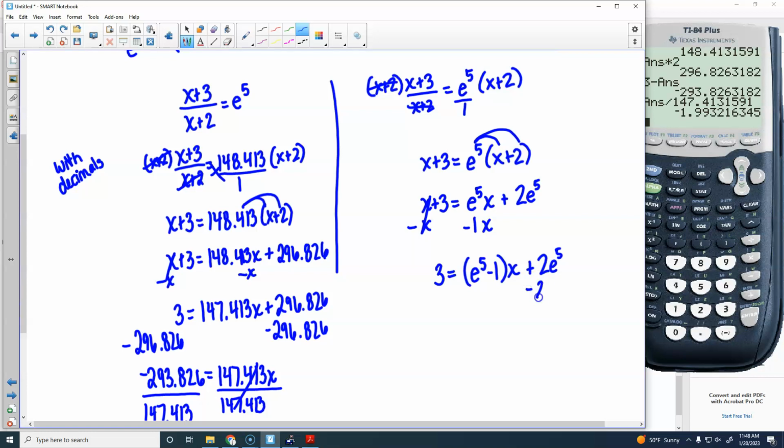Then I want to subtract that 2e to the fifth. Can't put those together either, so I just have to write that 3 minus 2e to the fifth equals (e to the fifth minus 1) times x.